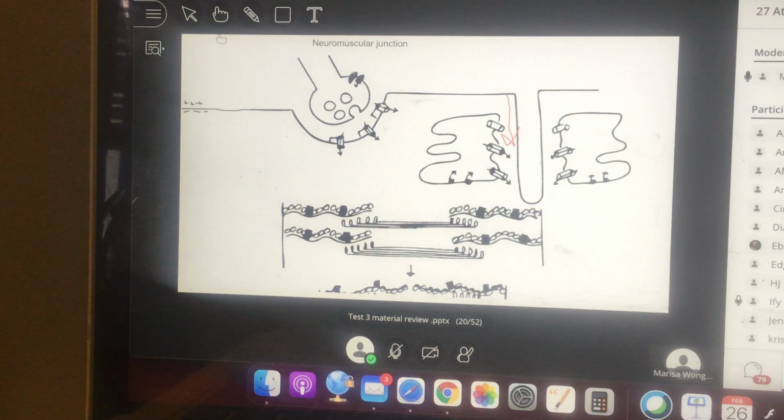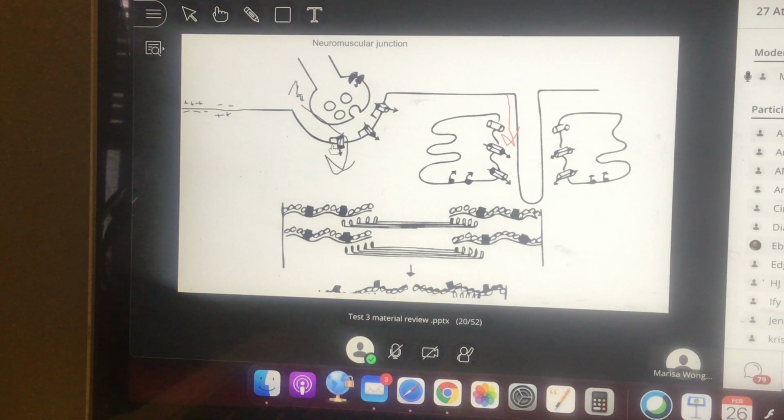That's any cell that you look at in the body at any given time. What that means for doing an action potential is that when we want to do an action potential, we want to flip that charge temporarily, right? We want to make it slightly positive inside for a second and slightly negative outside. And the thing that accomplishes that is the sodium, which has a positive charge, entering the cell.